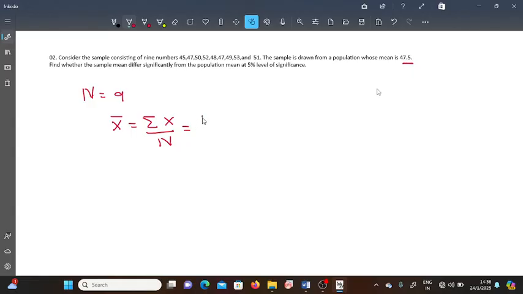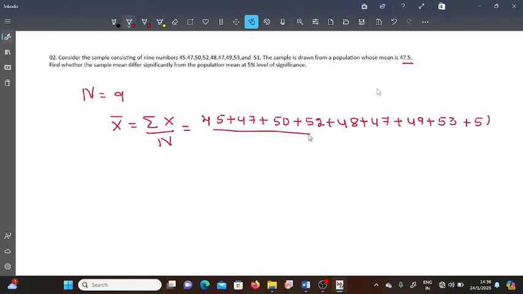By adding all the observations, 45 plus 47 plus 50 plus 52 plus 48 plus 47 plus 49 plus 53 plus 51 by the total sample size, which is 9.